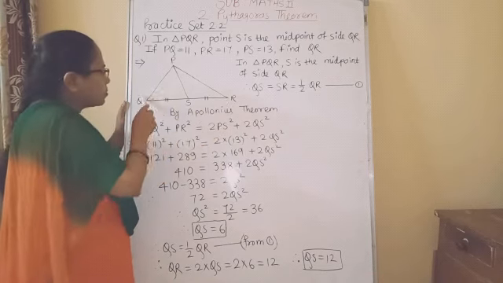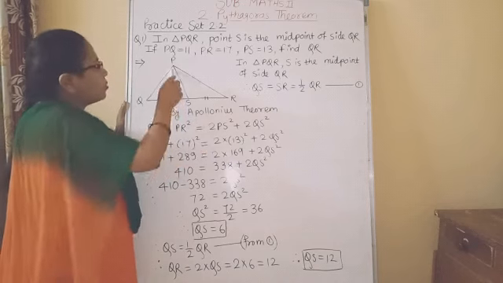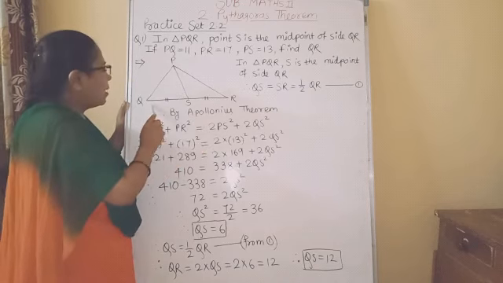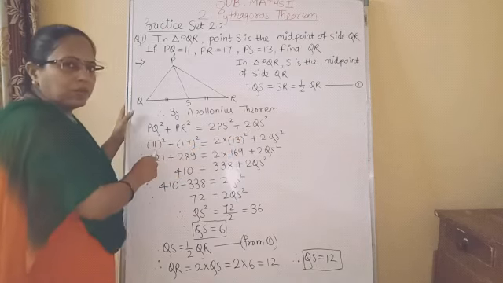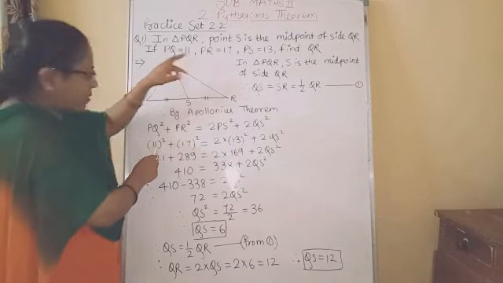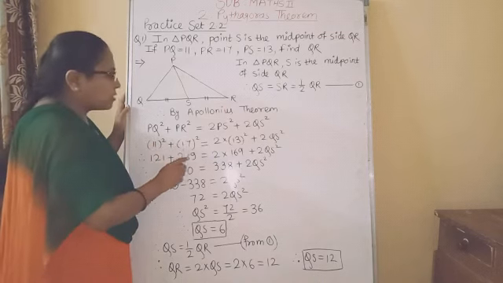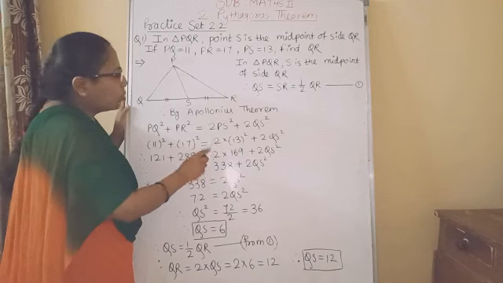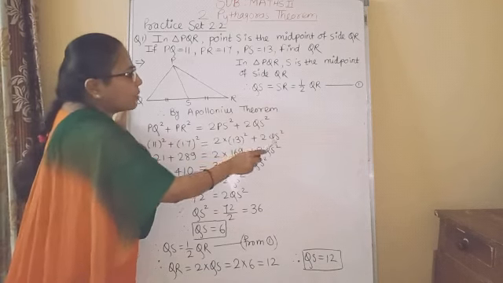Now substitute values. Values are given in the question. So 11 square plus 17 square equal to 2 into 13 square plus 2QS square.